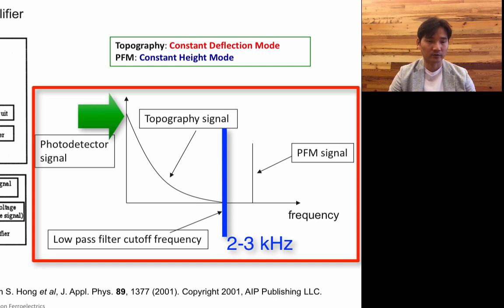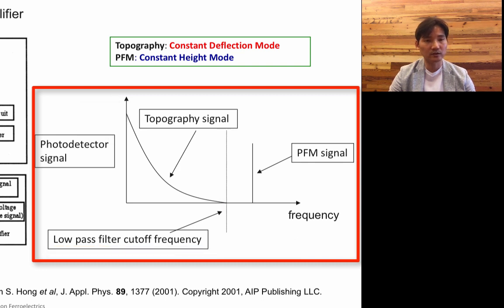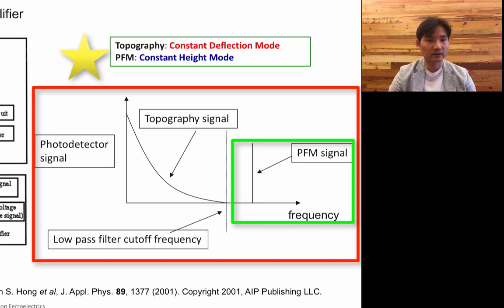Knowing that, you can put a low-pass filter at that region without perturbing anything there, and use constant deflection mode to maintain the same bending at that frequency. Then, using constant height mode for agitation that you induce by applying, for example, AC voltage, you create an artificial strain by piezoelectricity. Then you can look into polarization domains and topography at the same time, at the same spot.